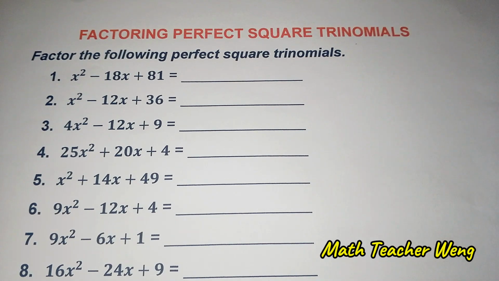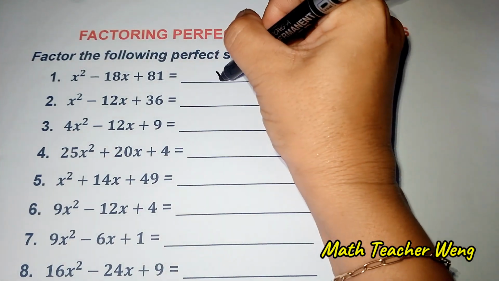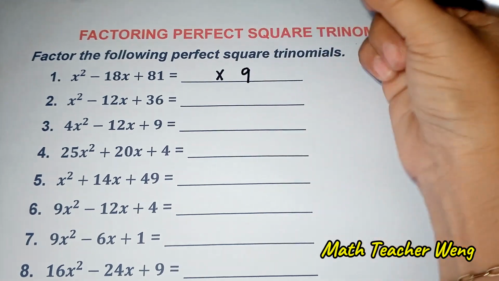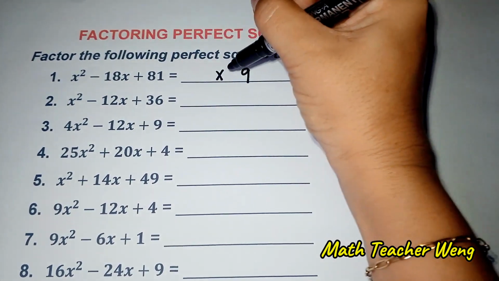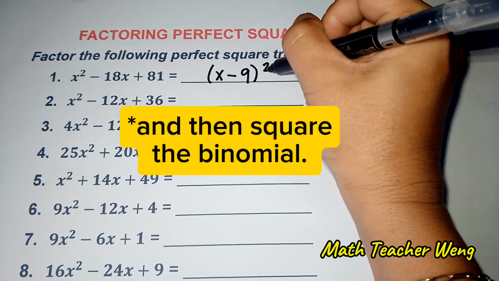Now, these are given as perfect square trinomials, so how do we do this? We just get the square roots. The square root of x squared is x. The square root of 81 is 9. The middle term has a negative sign. You copy that. Then just enclose this in parentheses.